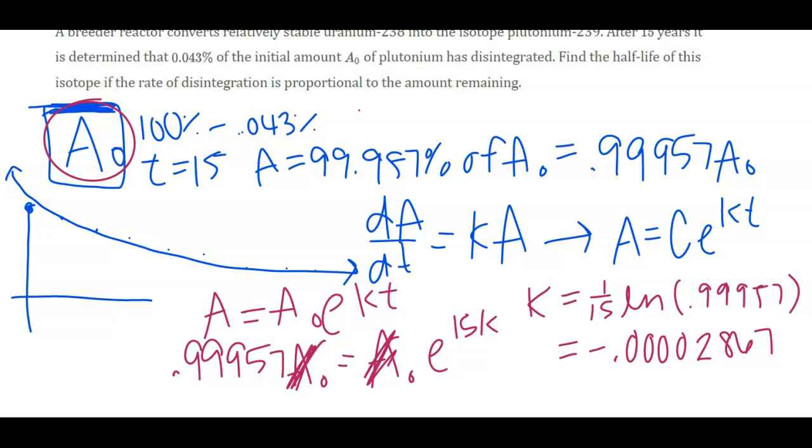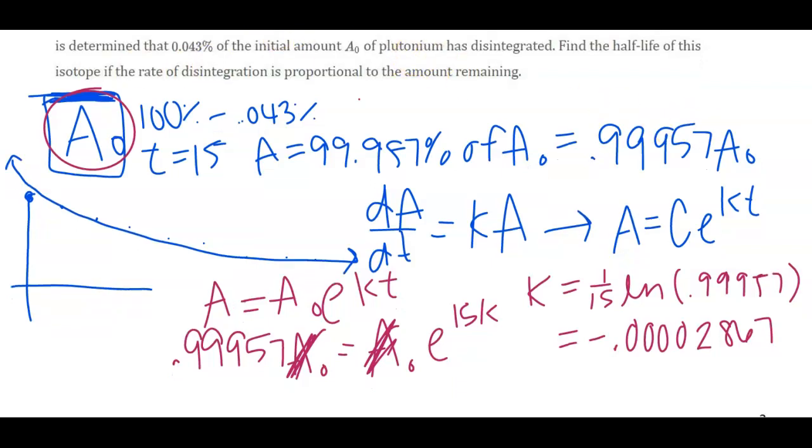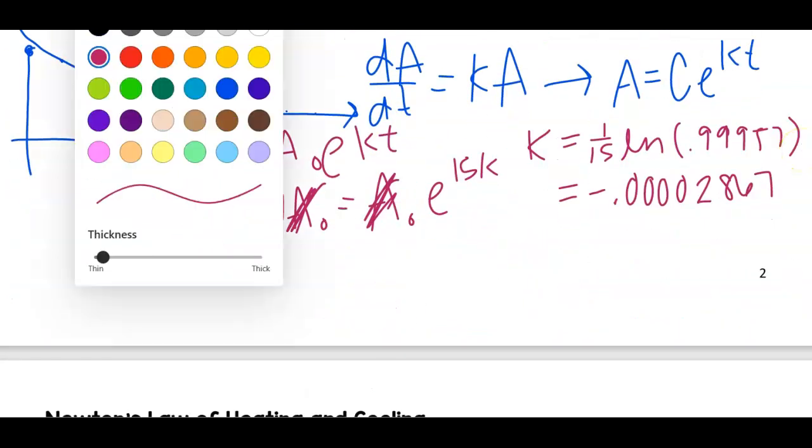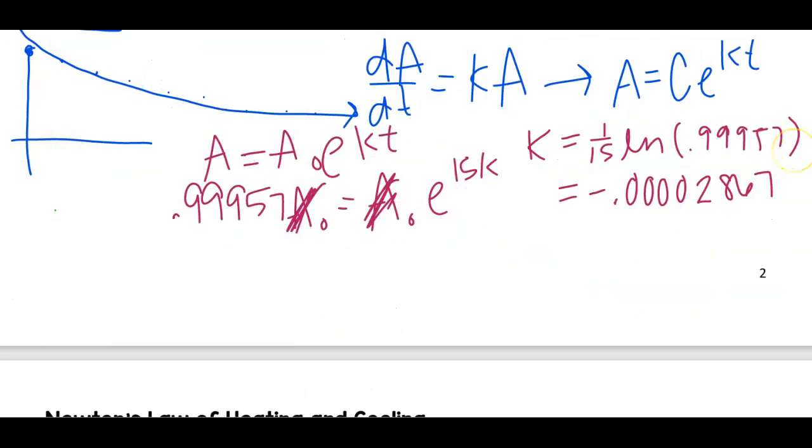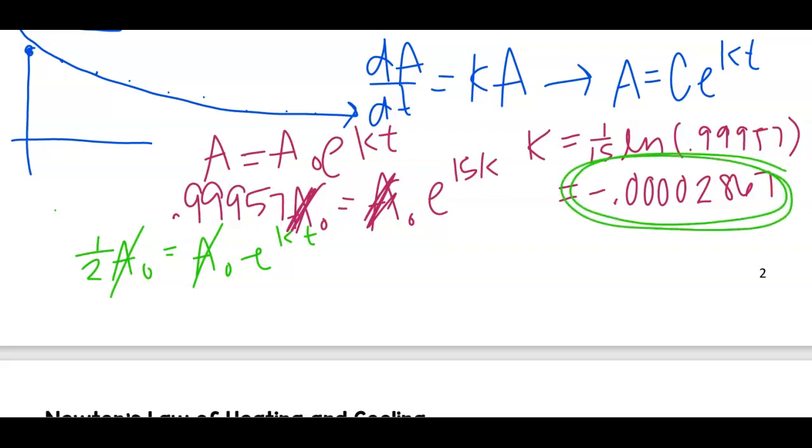Now if I want to figure out the half-life, I need to know when is 1/2 of A naught going to be there. I'm just going to write the constant as k because it's so small, and plug it in. So I'm going to have the natural log of 1/2 divided by this number. If I take the natural log of both sides, that gets rid of my e.